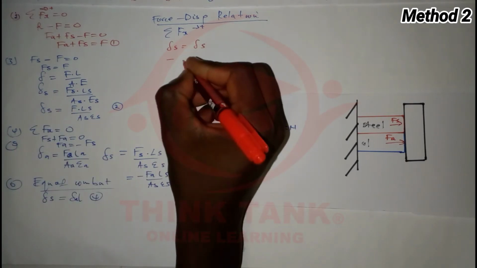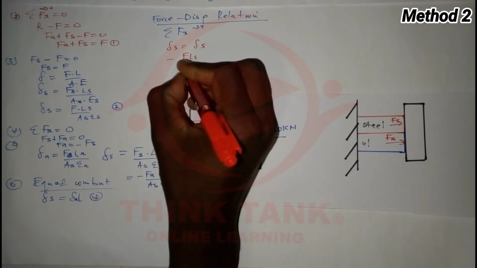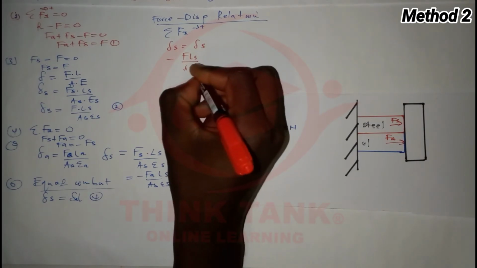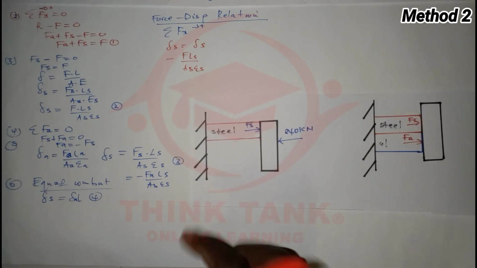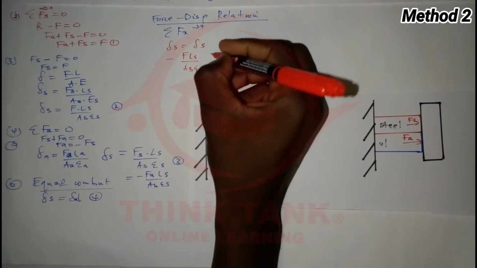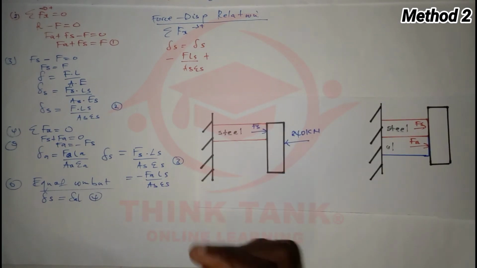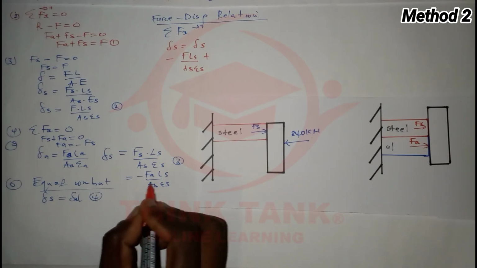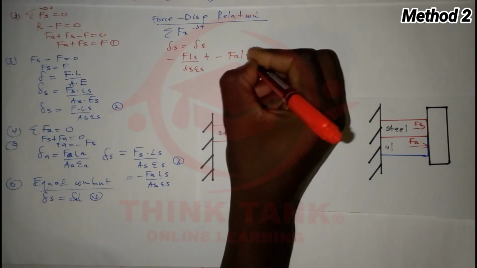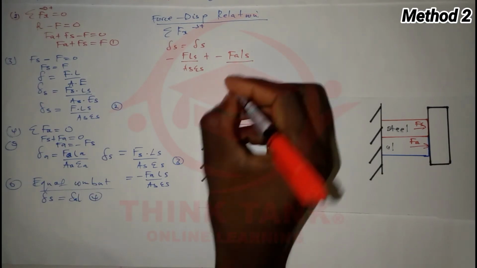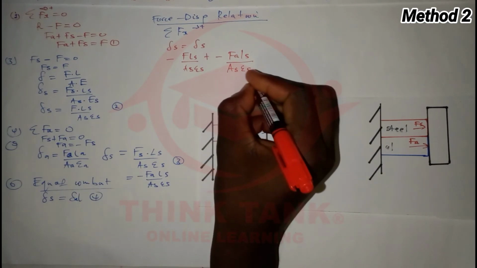We're going to have negative F Ls over As Es. This force is going to add to it, as you can see. So I'm going to say plus, but unfortunately it already has a negative sign, and I've explained why. So I'm going to write minus Fa Ls divided by As Es.